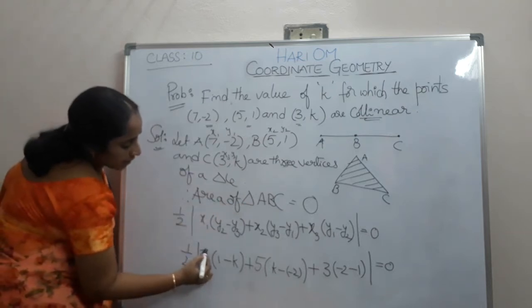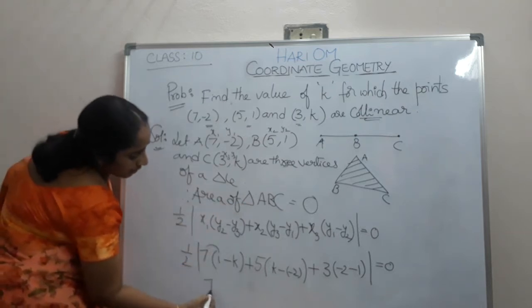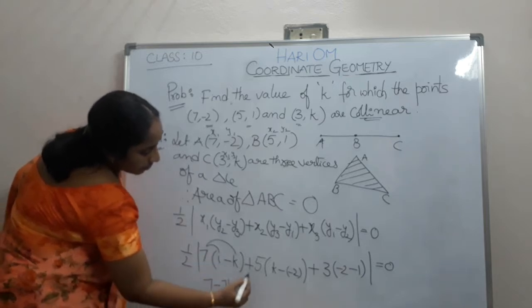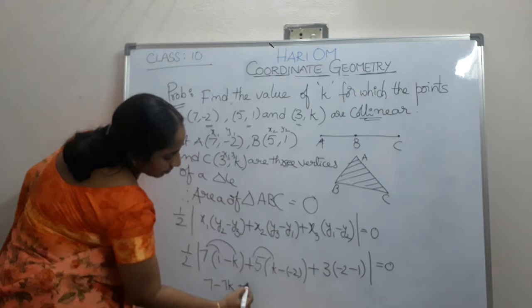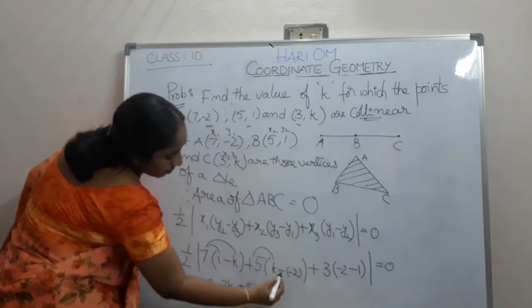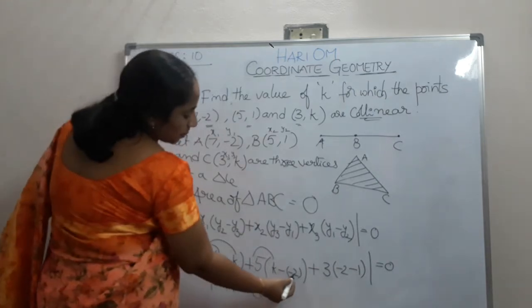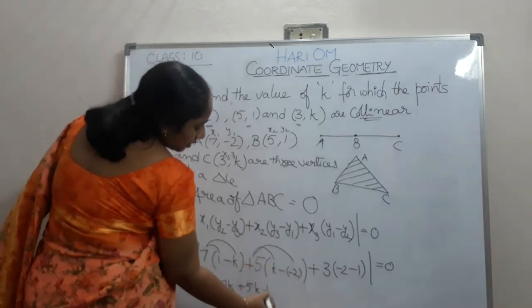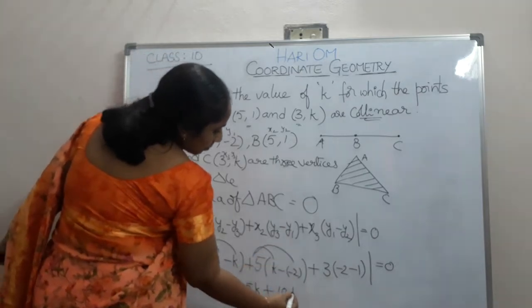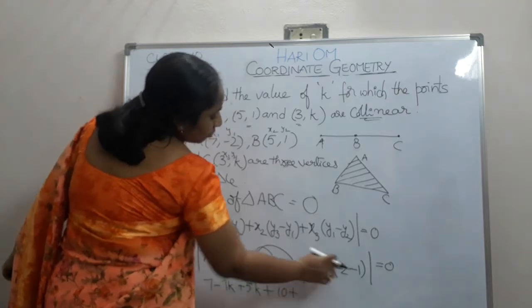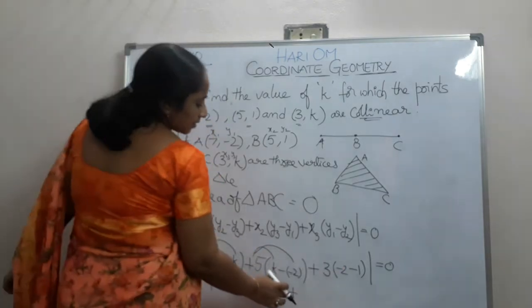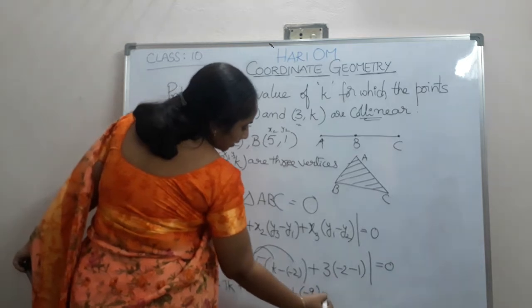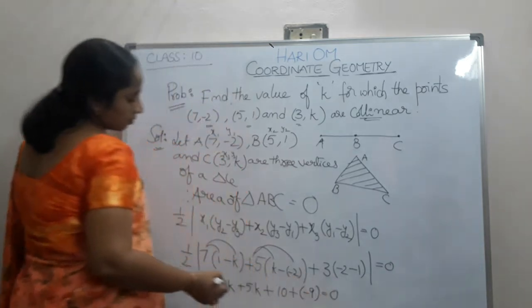Now it is 7 into 1, 7 minus 7k, plus 5k, minus of minus plus 2. So 5 2s are 10, plus 3 into -3, it is -9, is equal to 0.